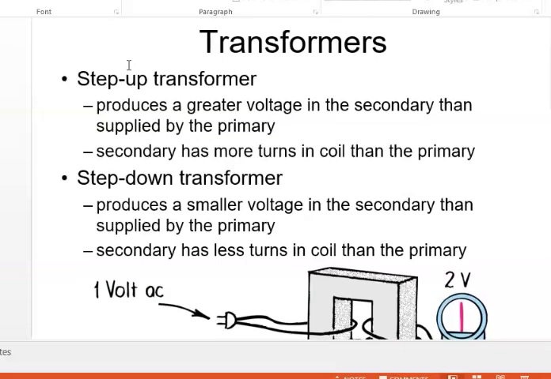Now, in case of a step down transformer, it produces a smaller voltage in the secondary coil than the voltage supplied in the primary coil. So in our house, for the domestic power supply, a step down transformer is used, because 11,000 volt supply is fed into the input terminal, that is into the primary coil, and we get 440 volts or 220 volt supply at the output terminal.